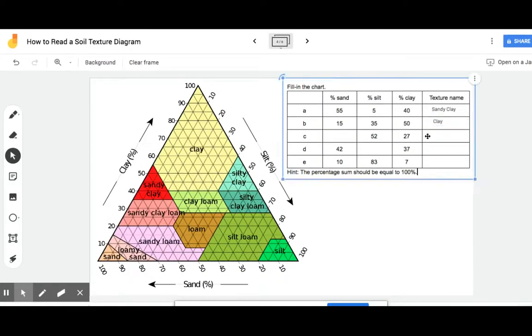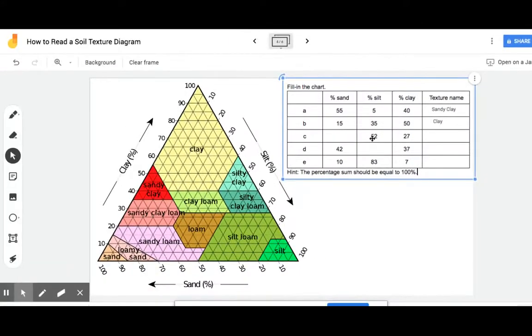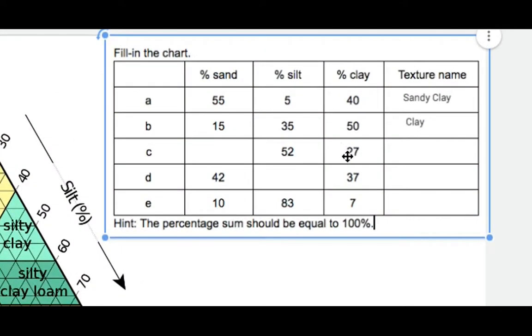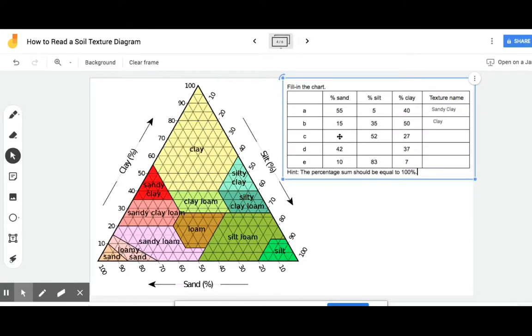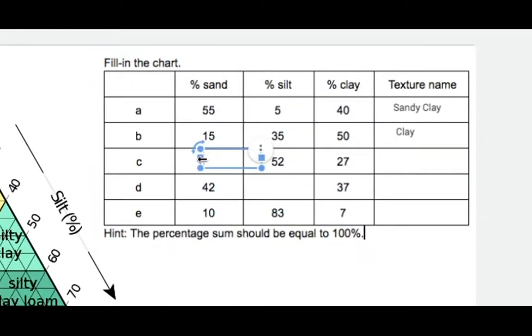Okay, next. We have 52% silt and 27% clay. You're going to add these two. 52 plus 27 is 79. So we know that the sand there is 21%.